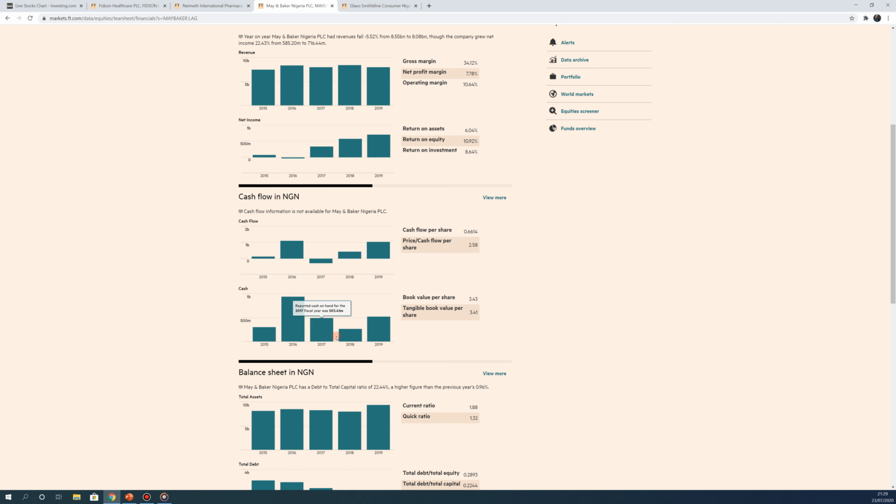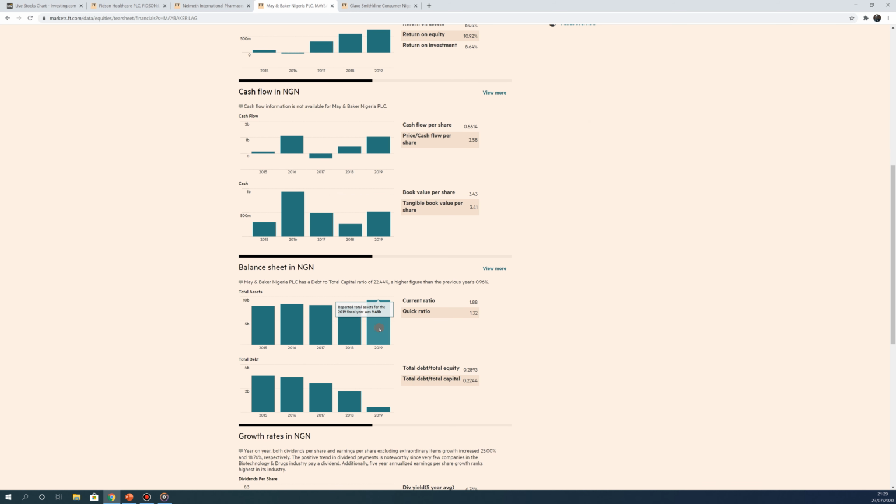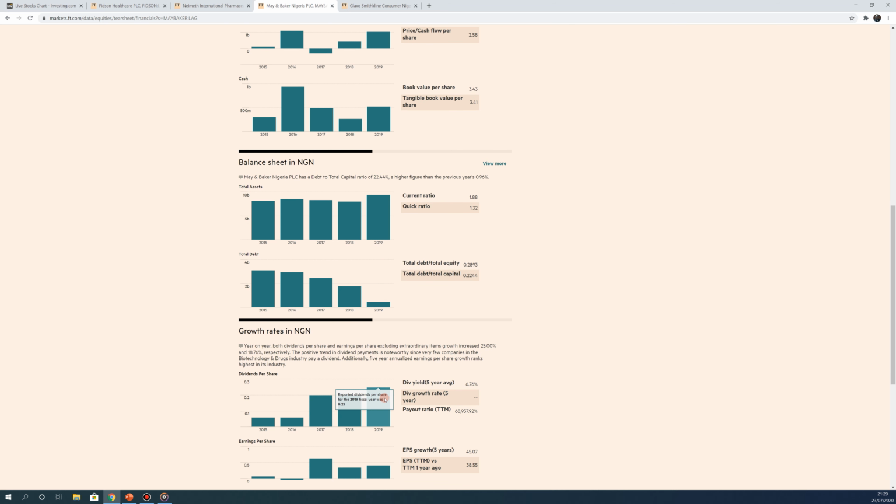It's even better than Limits. They have cash, but they might be reinvesting, but it's not consistent. But what we have last year is 500 million cash and total assets about 9 billion. Wow, debt is very low. Fantastic.